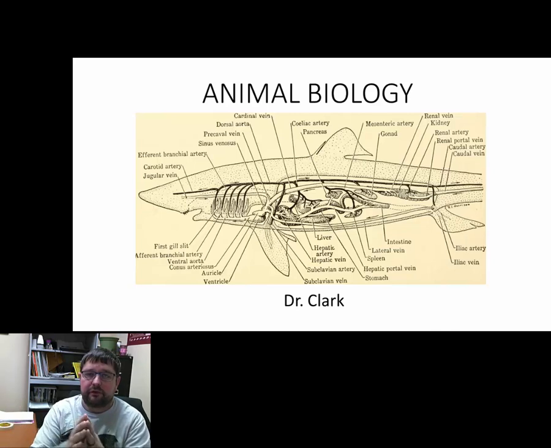as you might expect from the title, we're going to be dealing with animals in this course. What a lot of people don't understand is what makes up the animal kingdom.